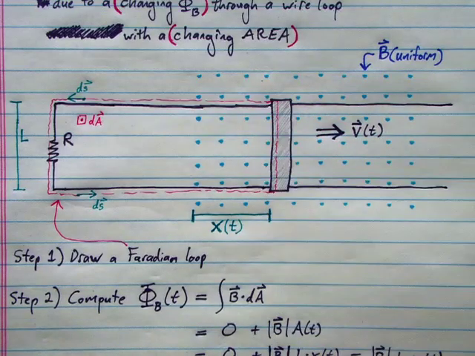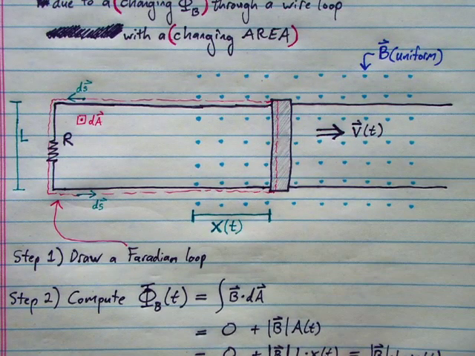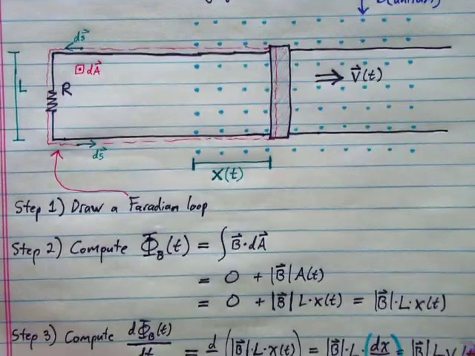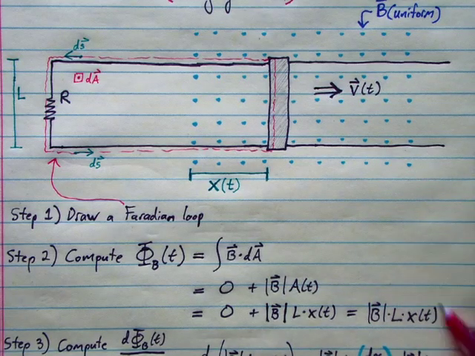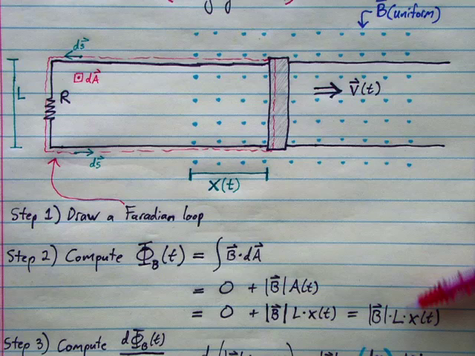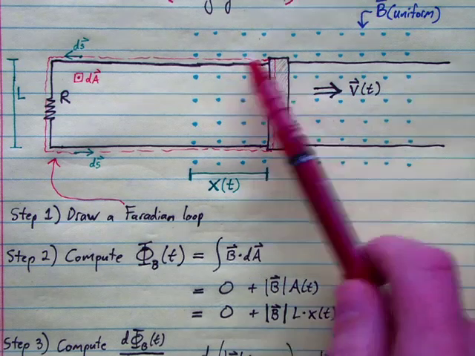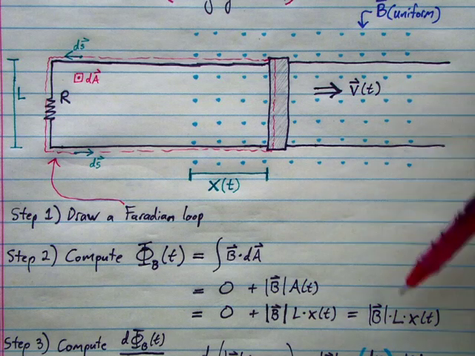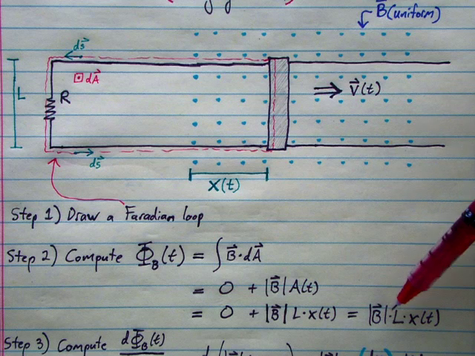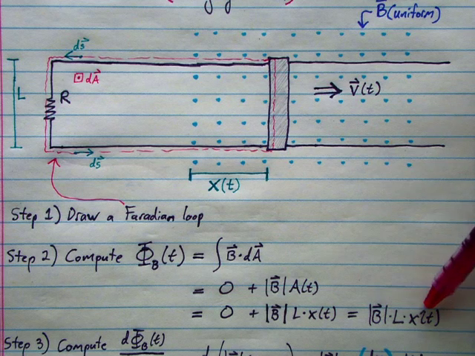So L times x, that's our area. So we come up with this expression for the magnetic flux at a particular moment in time through this Faradian loop. Note that B is constant with time, B is uniform, but it's x that's changing.